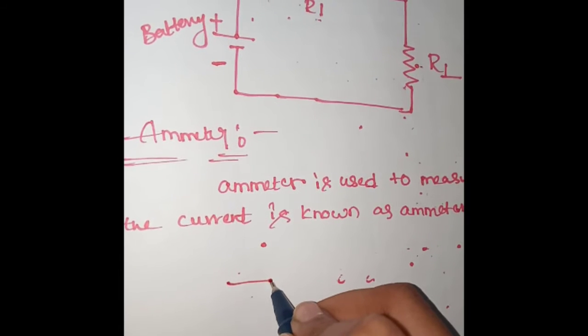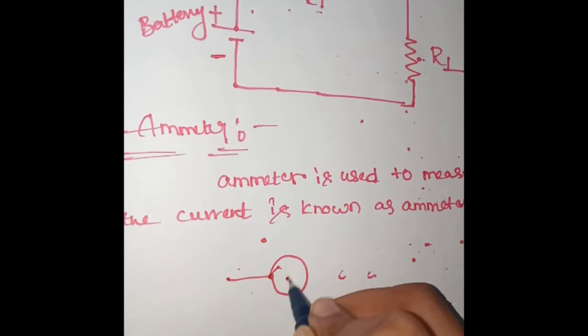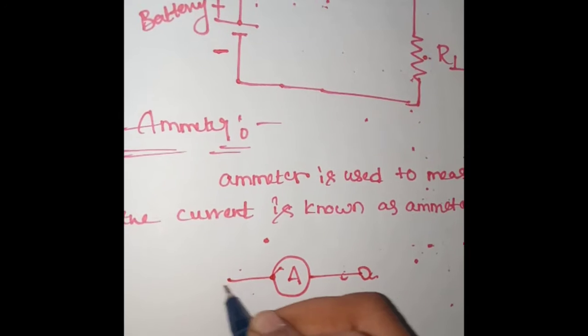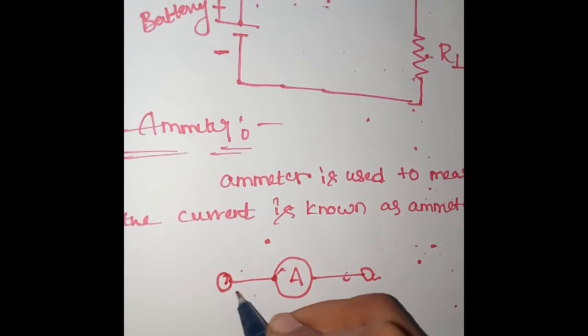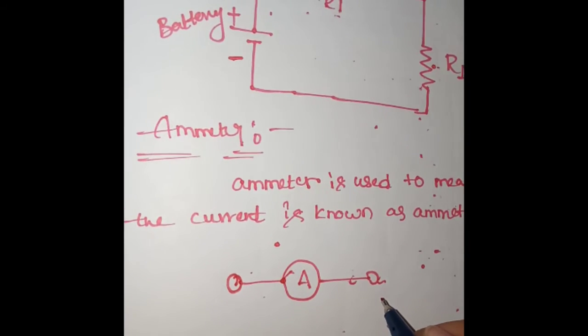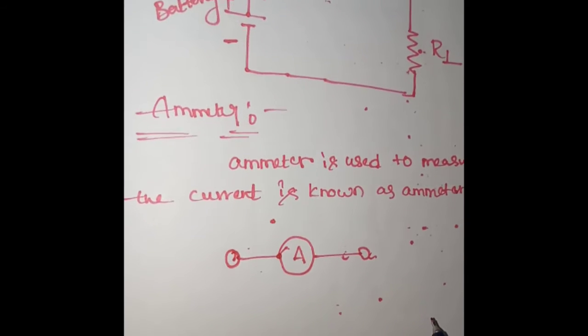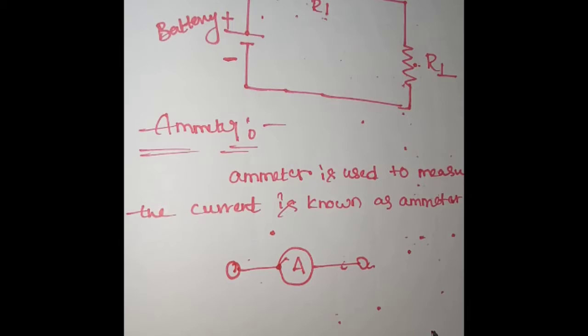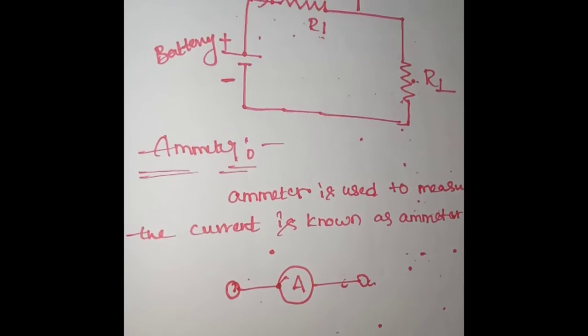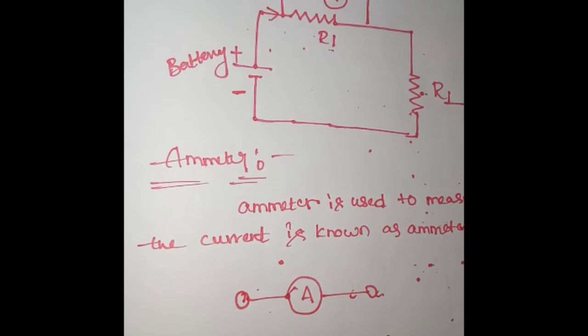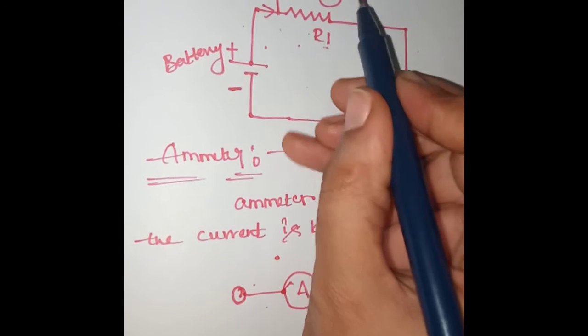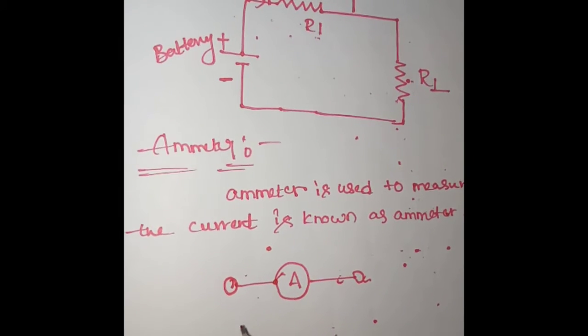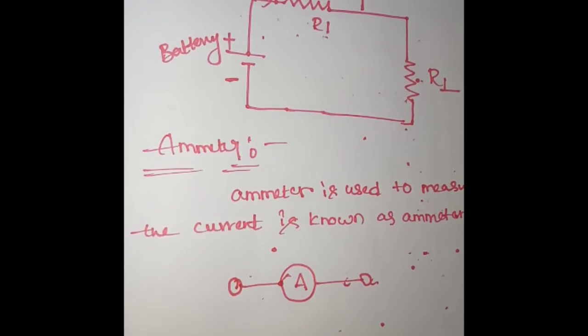See here. This is the ammeter representation in the circuit. An ammeter is connected in series with the circuit. The main thing to observe here is that the voltmeter is connected in parallel with the circuit and the ammeter is connected in series with the circuit.